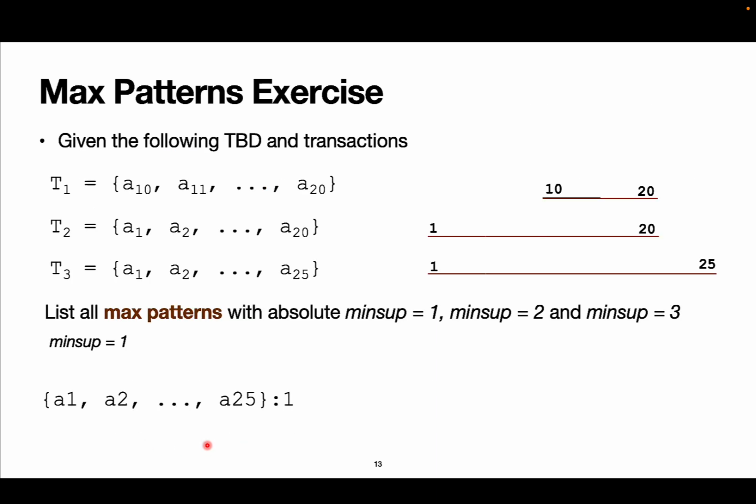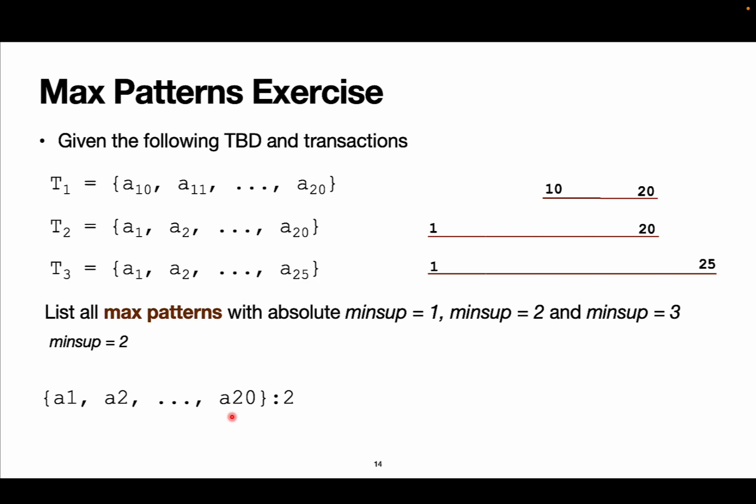Here's an exercise to practice max patterns. So I have the three transactions and I need to find max patterns for minimum support equal to 1, 2, and 3. When minimum support equals 1, I'm going to get one big pattern that contains everything. So here I got A1, A2, all the way to A25.